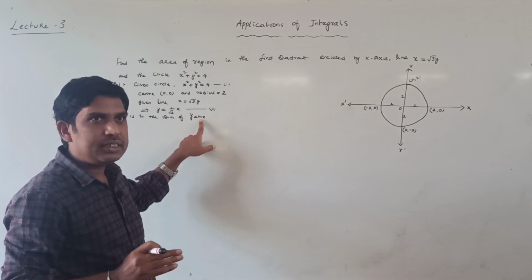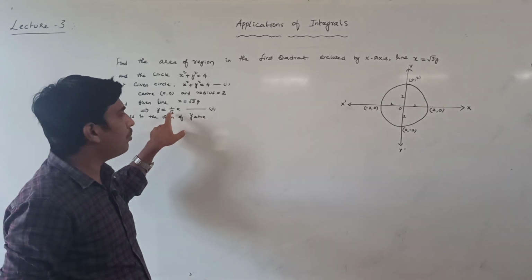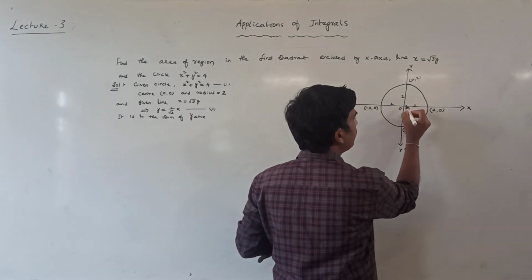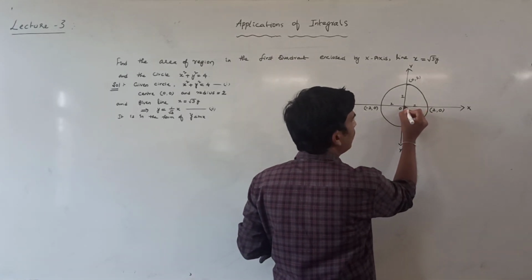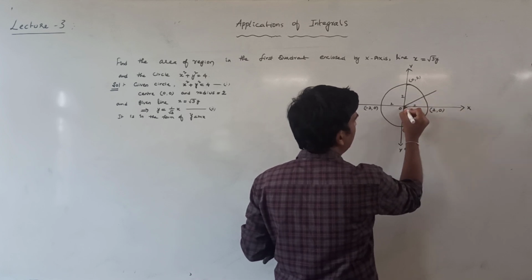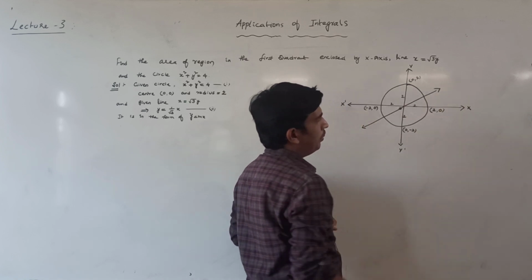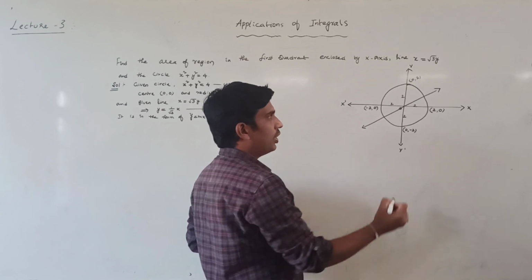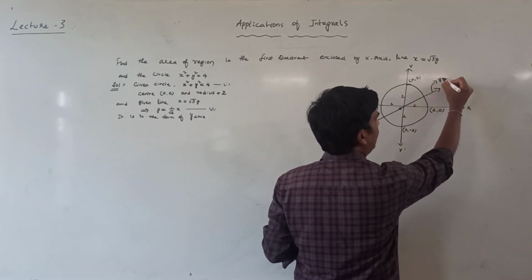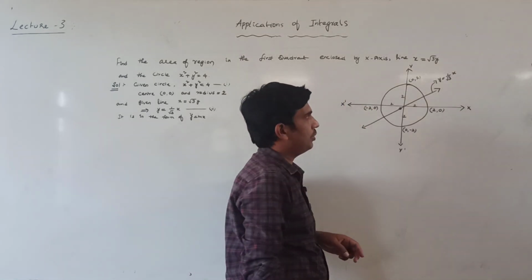If m is negative, the line passes through the second and fourth quadrants. But here 1 by root 3 is positive, therefore it passes through this one, the first and third quadrants. So this is the equation y = (1/root 3) x.